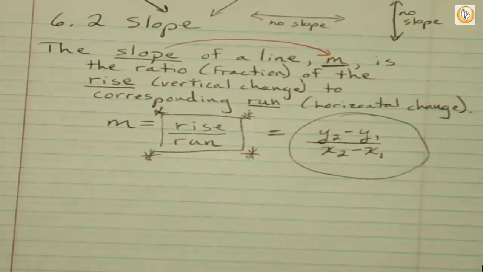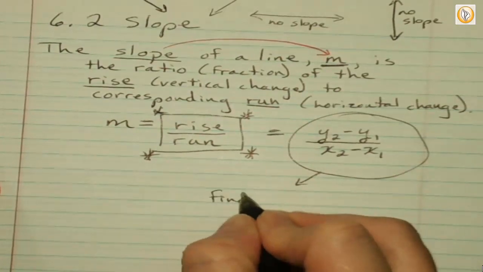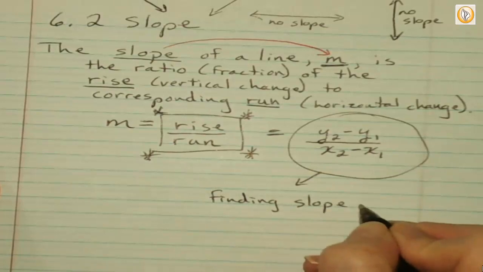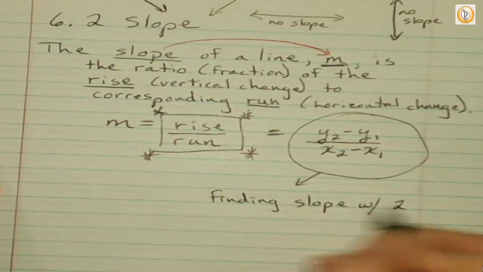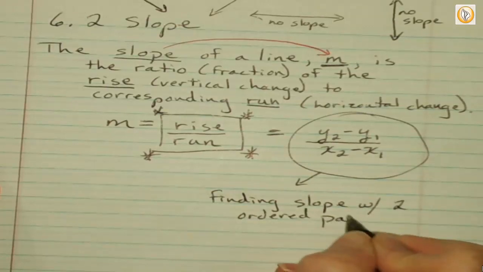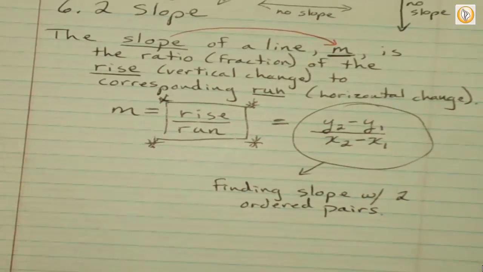That's basically finding slope with two ordered pairs. And that's the formula. Y2 minus Y1 over X2 minus X1.